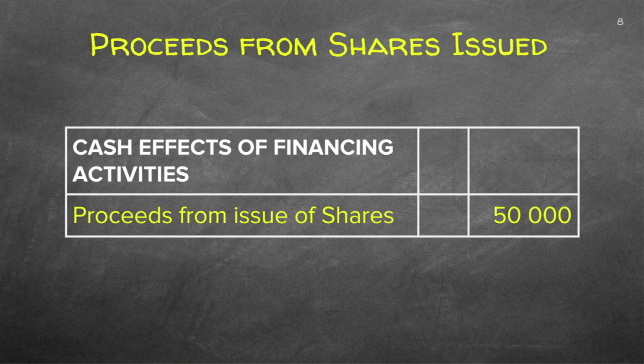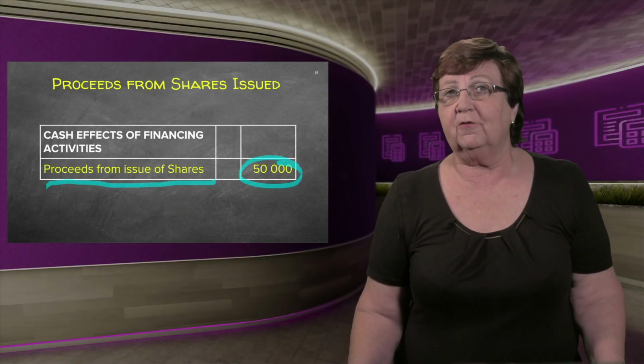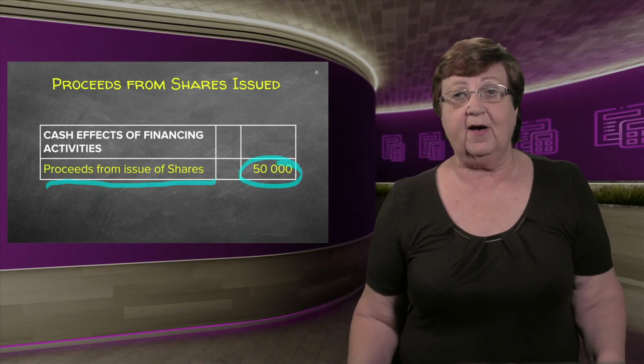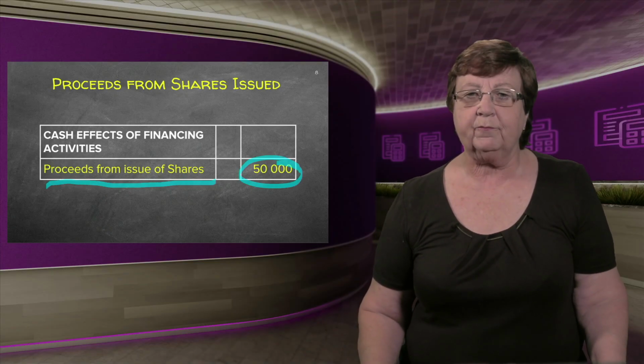How are we going to record this in our cash flow statement? We have a heading, Cash Effects of Financing Activities, and we are going to write in here, Proceeds from Shares Issued. Again, please use the correct terminology. We use the word proceeds, and the amount was 50,000 Rand.